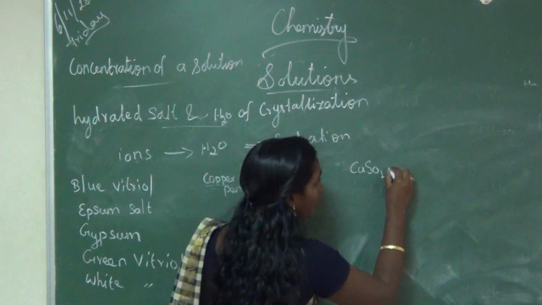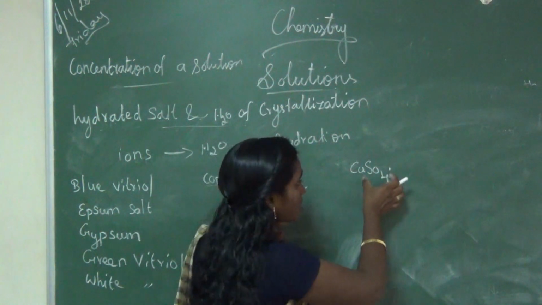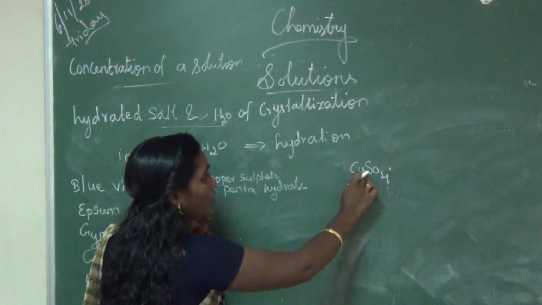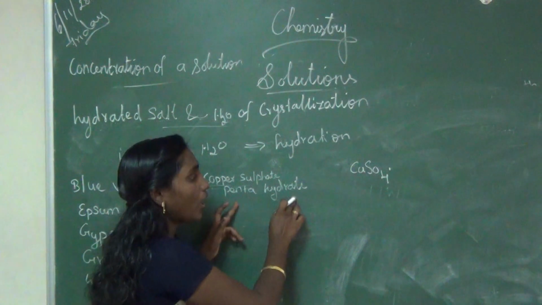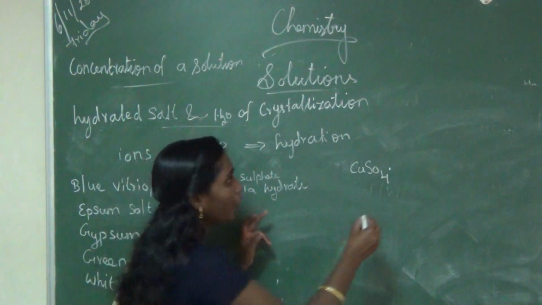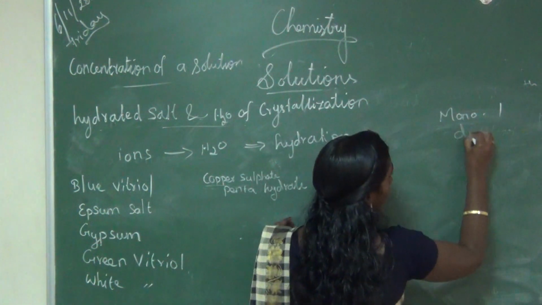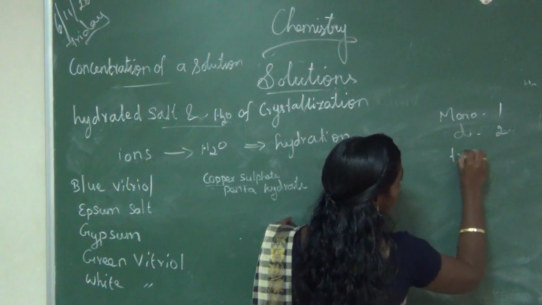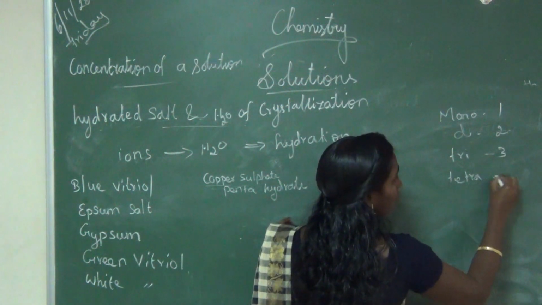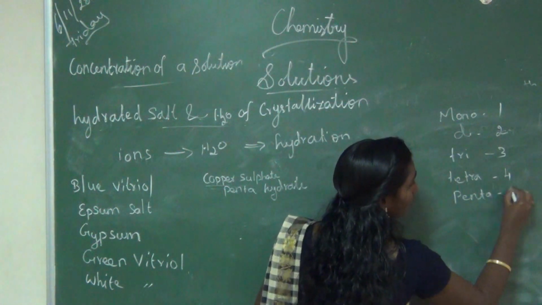Then you should put a dot because it is a continuous process, right? So one salt and water mixed together. So CuSO4, then pentahydrate. Penta means 5. Mono means 1, di 2, tri 3, tetra 4, then penta 5.